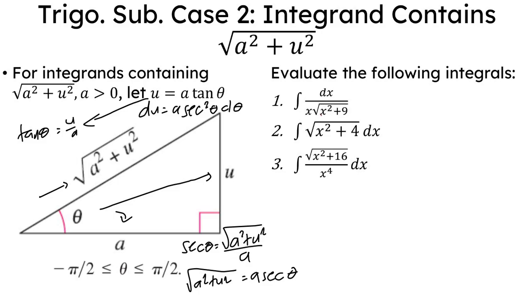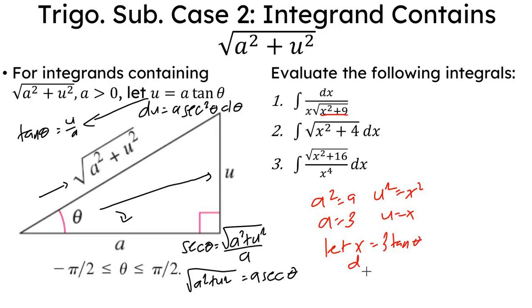Since we already know it follows case 2, we can let a squared be equal to 9, so a equals 3. And we have u squared equal to x squared, so u is equal to x. Therefore, we let x be equal to 3 tangent theta. Now, finding the differential, dx would be equal to 3 secant squared theta d theta.